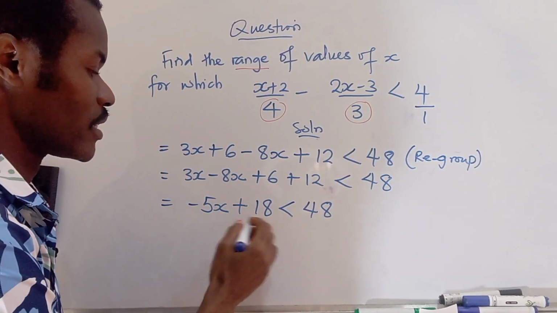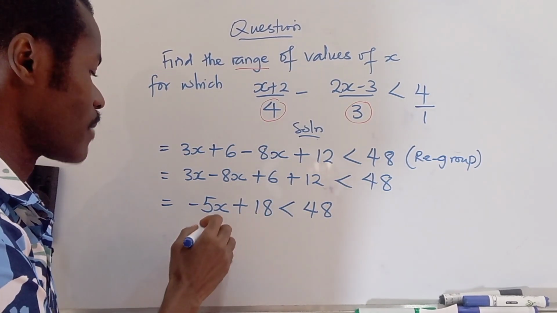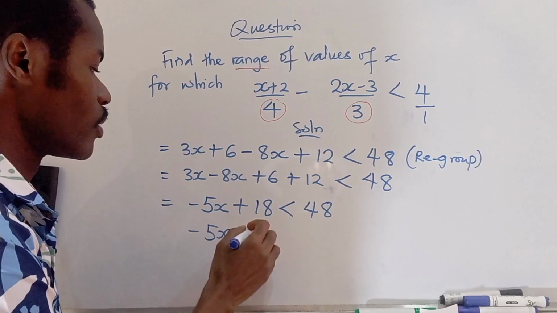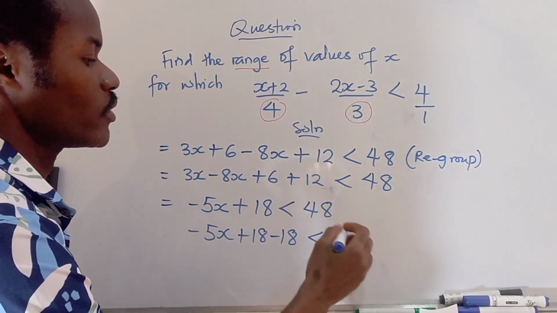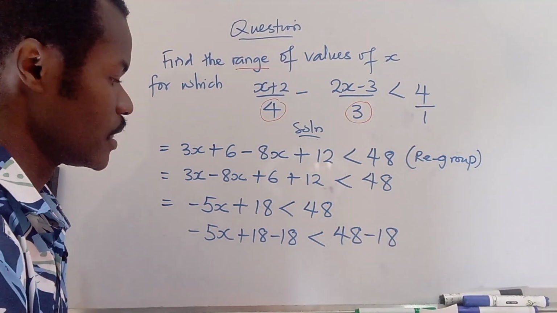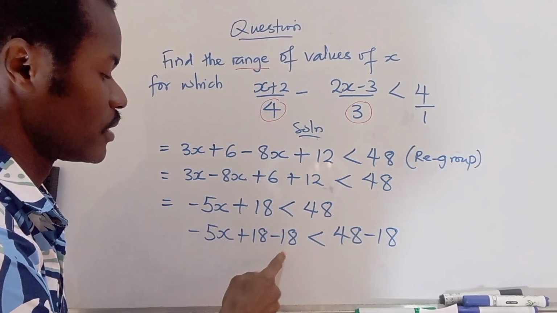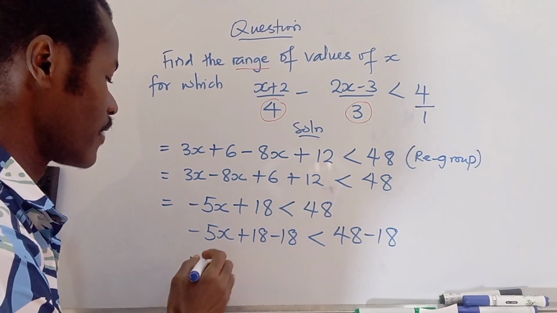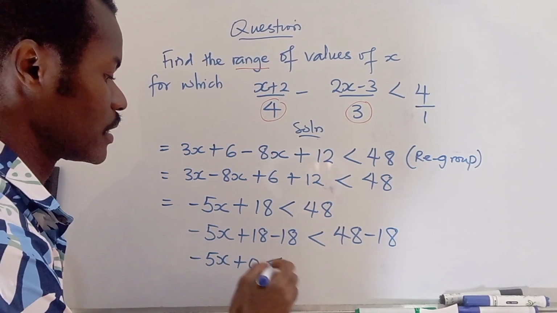Now, at this point, we have to remove this. We are going to subtract this from both sides. Since we have plus, we are going to subtract. So we have minus 5x plus 18 minus 18 is less than 48 minus 18. Now plus 18 minus 18 is 0. So we have minus 5x plus 0 is less than.